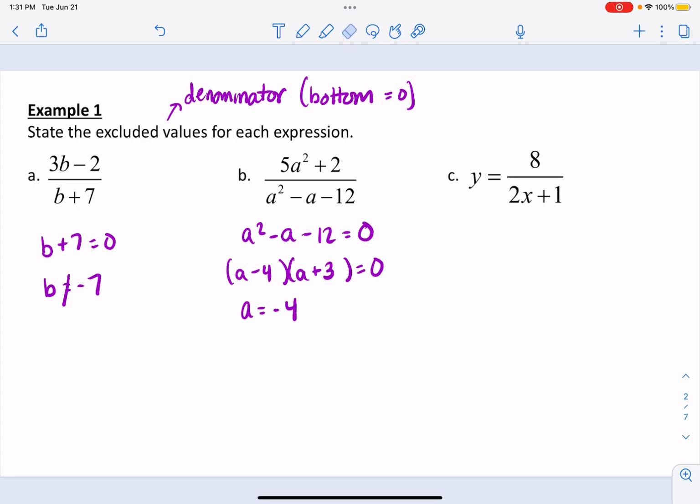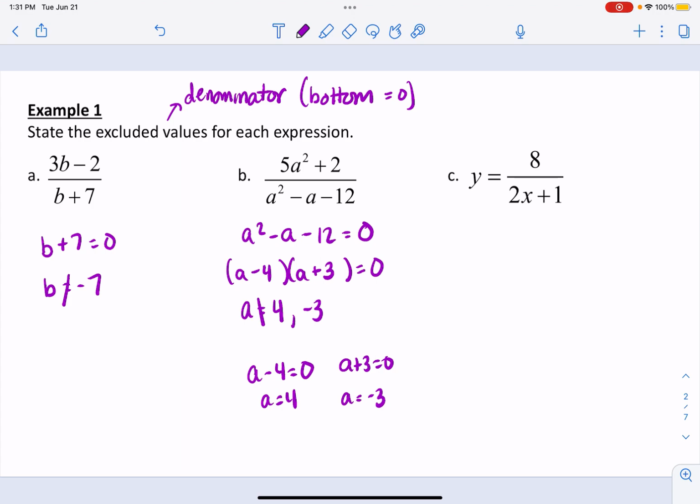I'm sorry, a equals a positive 4, and a -3. What I did is I set a minus 4 equal to 0, and I set a plus 3 equal to 0. Now, again, a cannot be those things.